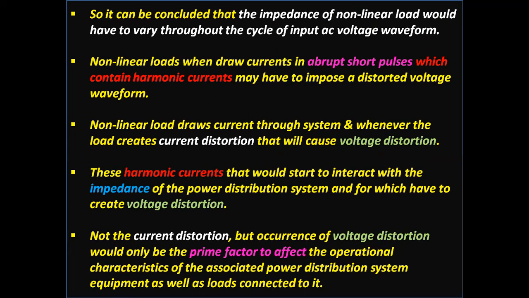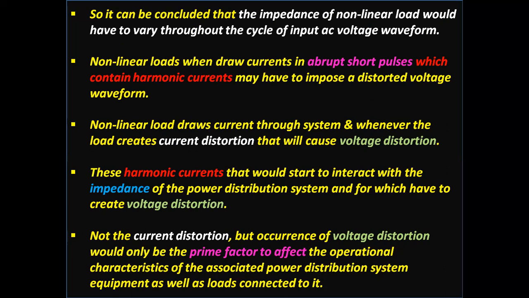A nonlinear load draws current through the system, and whenever the load creates current distortion, that will cause voltage distortion. These harmonic currents interact with the impedance of the power distribution system, and thereby create voltage distortion also.